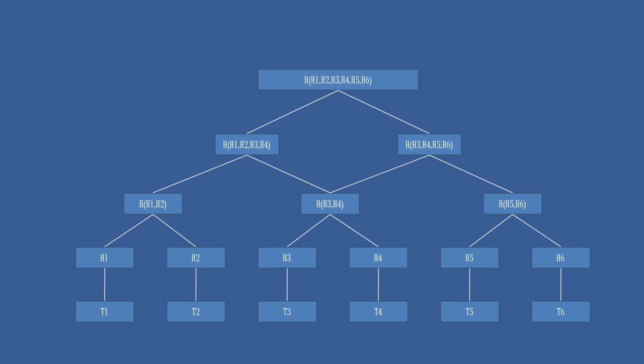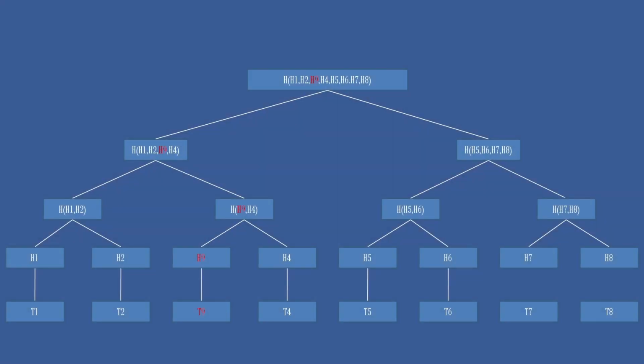Now imagine a scenario where one hash is changed. Some hacker has changed a transaction in this Merkle tree. So here you can see the transaction is changed. Previously it was T3, but now it is T9. When the transaction is changed, the hash of the transaction will also change.